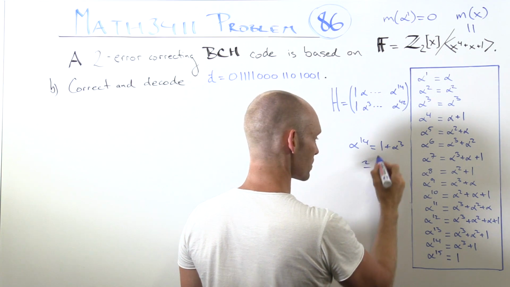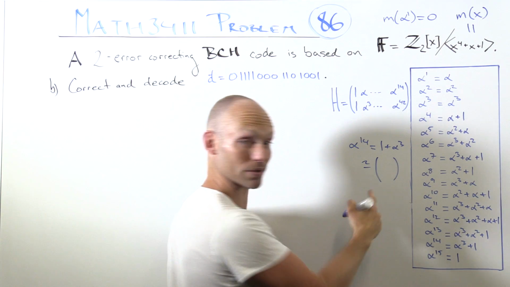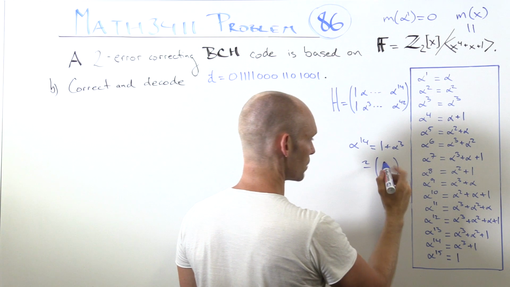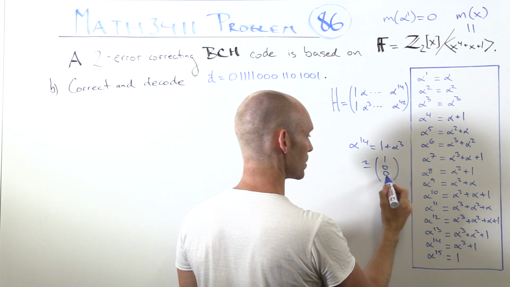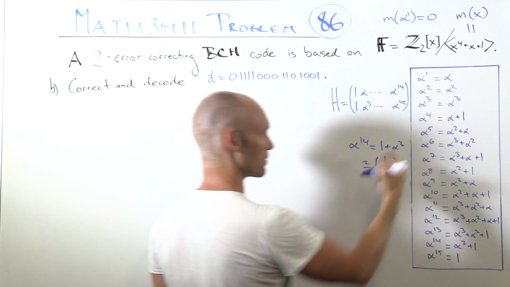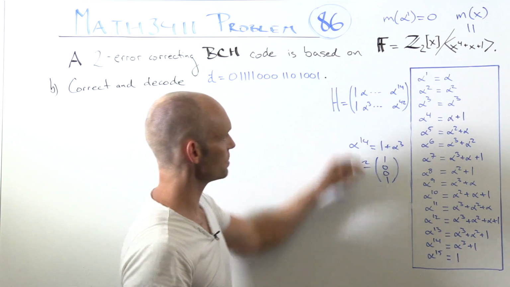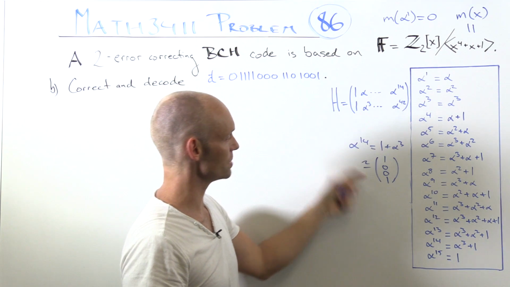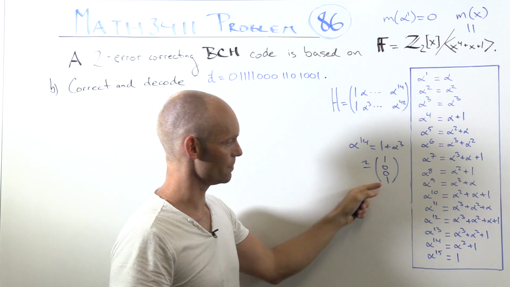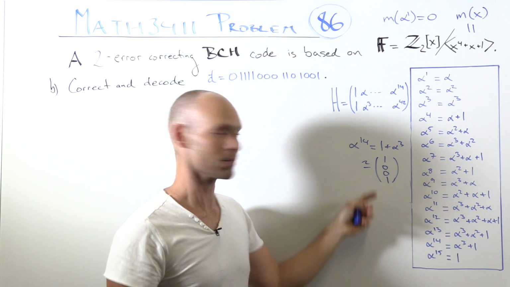And if you look at the coordinate vector for this polynomial, it's 1 times 1, 0 times alpha, 0 times alpha squared, and 1 times alpha to the power of 3. So you could replace each of these entries in the matrix by little length 4 column vectors.